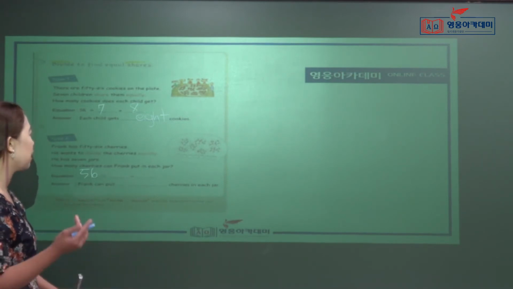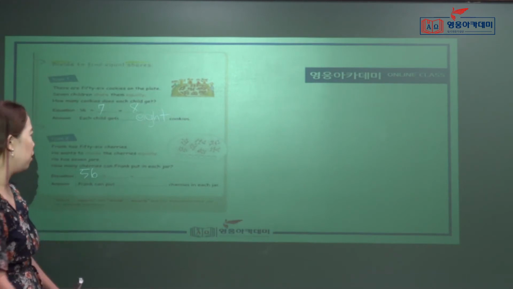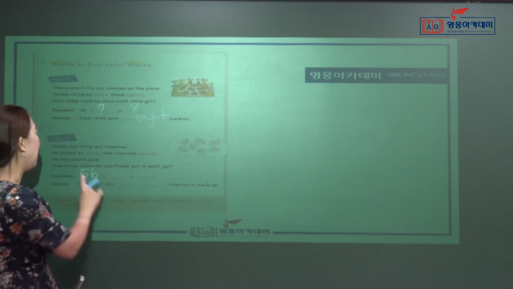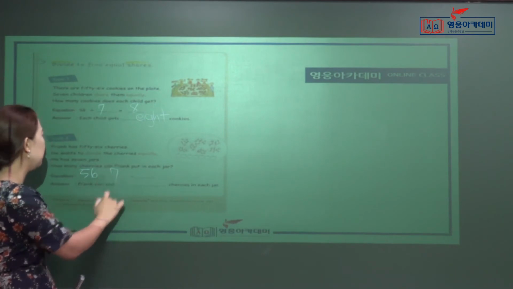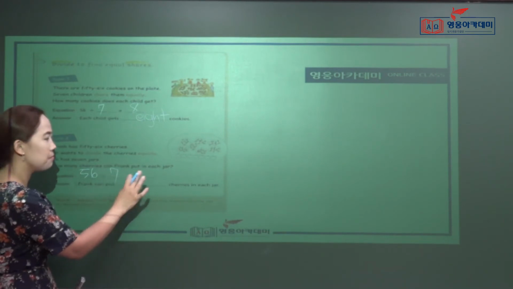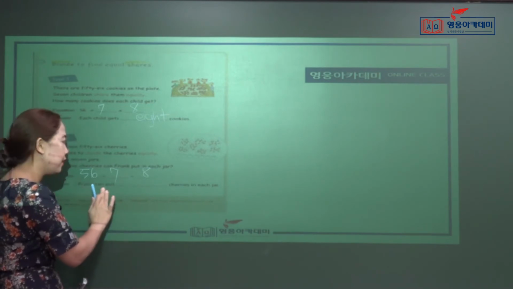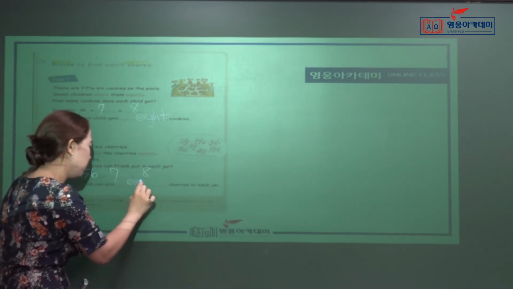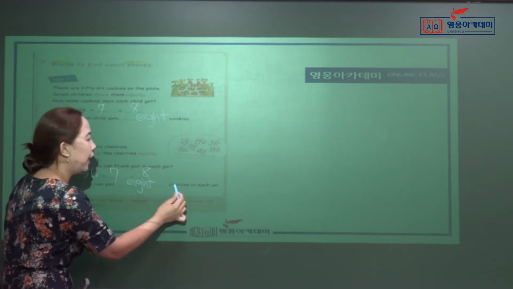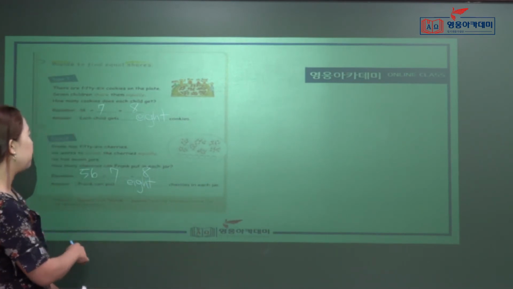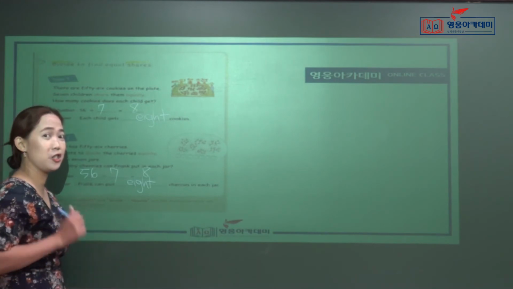How many cherries can Frank put in each jar? 56 divided by, how many jars? 7 is, of course, 8. And then you write here, Frank can put 8 cherries in each jar.